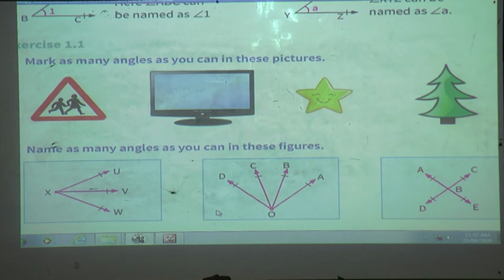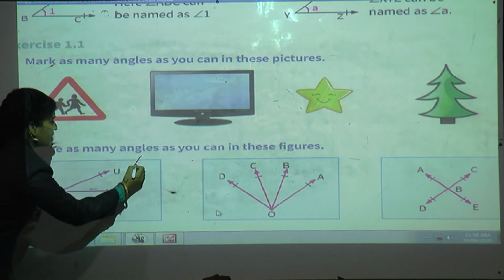Yes, students, ray XU, ray XV, ray XW. Here we have to find angles. The vertex should always be in the middle. So we have to write in your textbook.